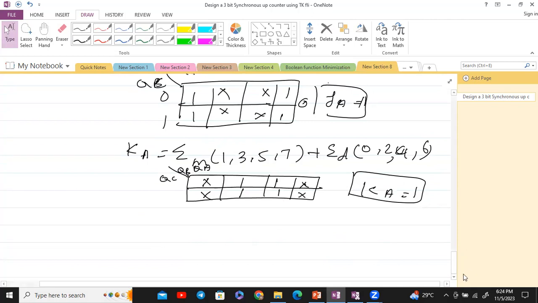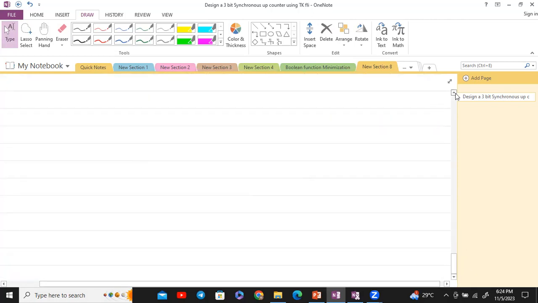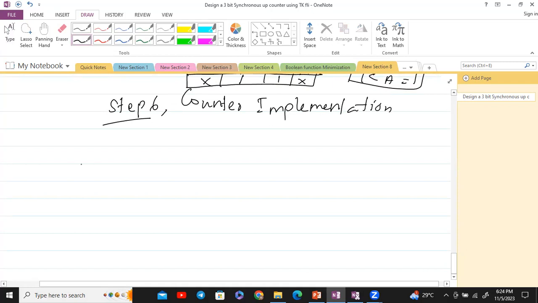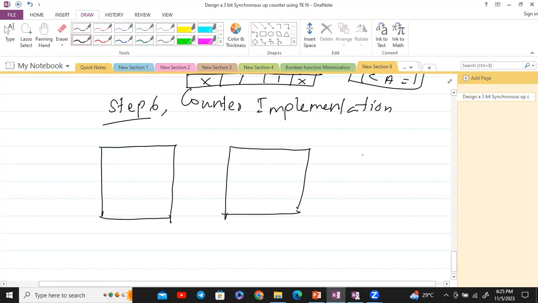So now what is step 6? It is counter implementation, right? So step 6, counter implementation. As you know, how many flip-flops are there? We have 3 flip-flops. As it is a synchronous counter, we have to give a common clock. So first draw all the flip-flops and give a common clock to all the flip-flops.